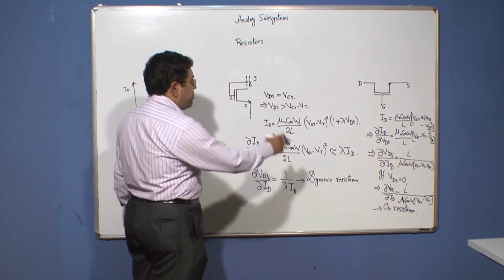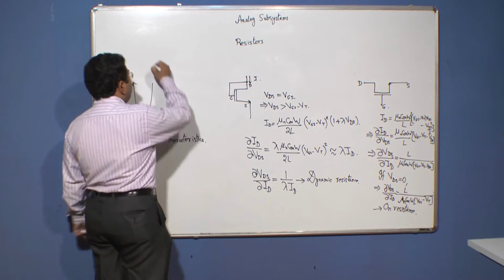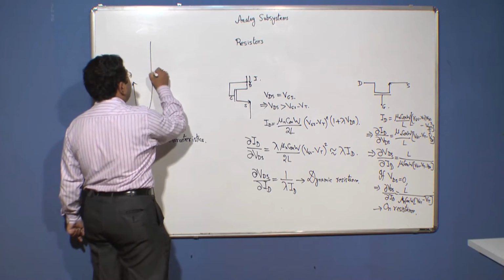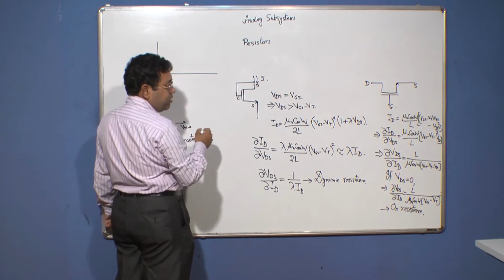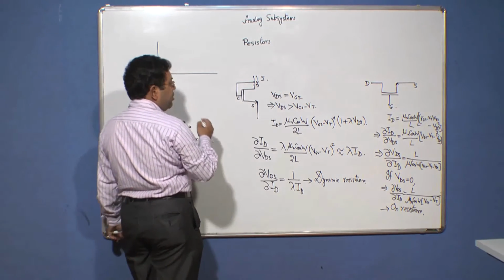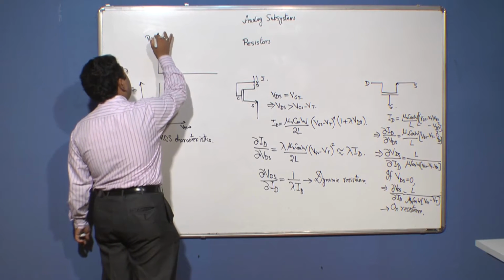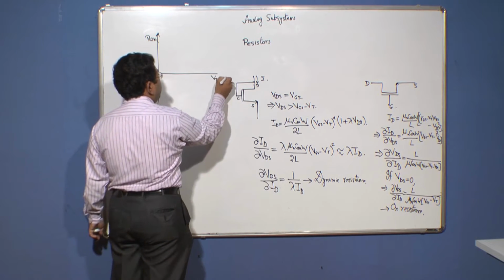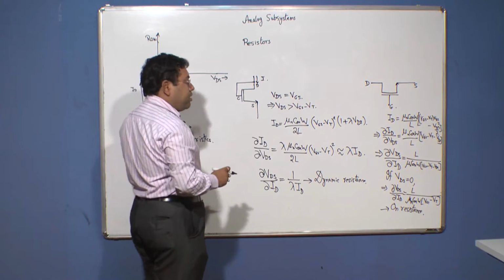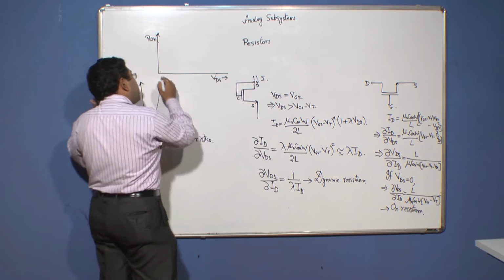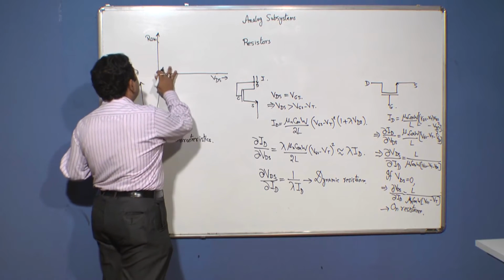Now, if you look at the characteristics of this resistance, this is R on and this is VDS. For an NMOS transistor, we see that when VDS equals to 0, it has got some non-zero finite value.